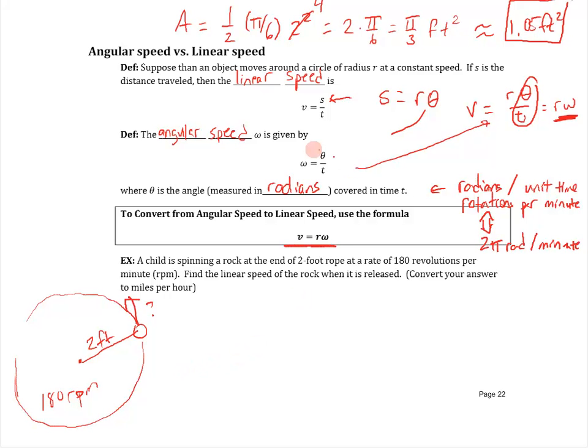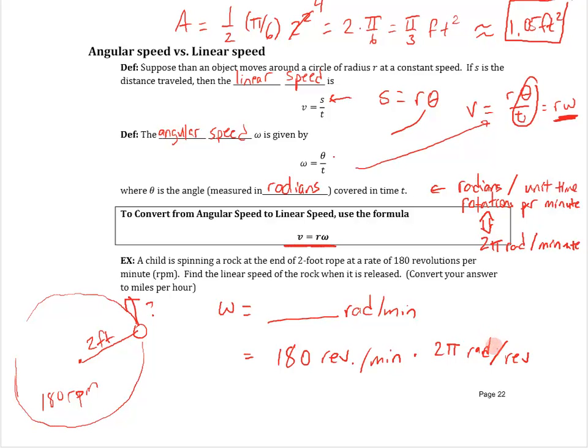I'm going to use this formula, but first I need to know the angular speed, how many radians per minute. What we already know is 180 revolutions per minute, and there are 2 pi radians in every revolution.